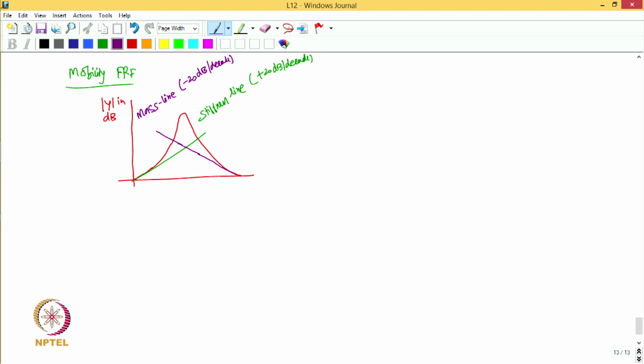And if you analyze the inertance, then the magnitude plot would be something like this.